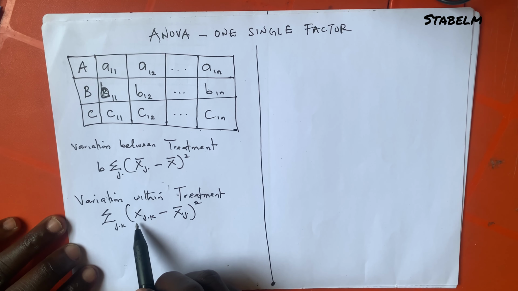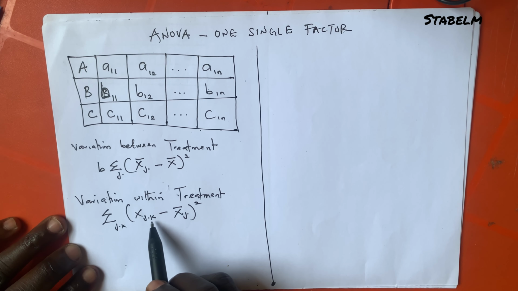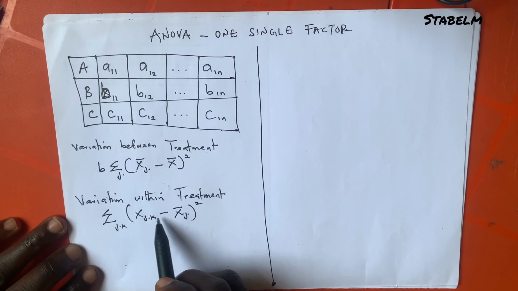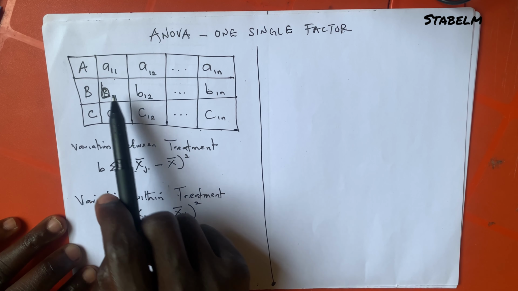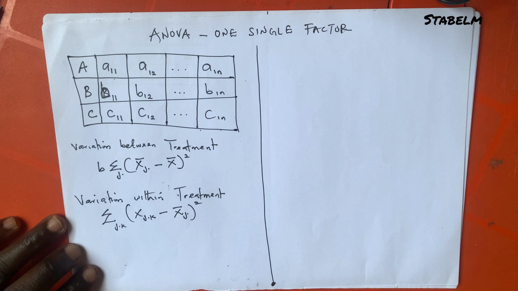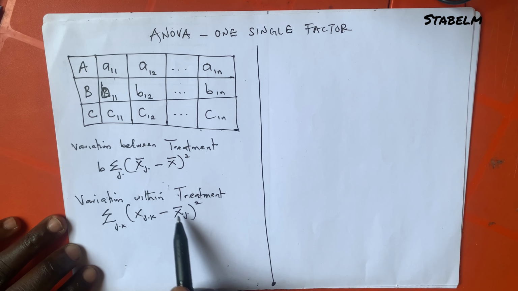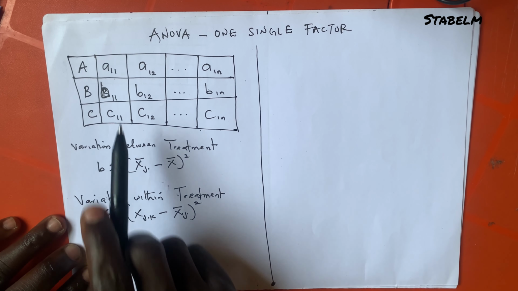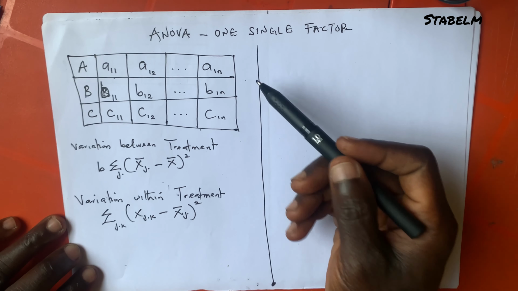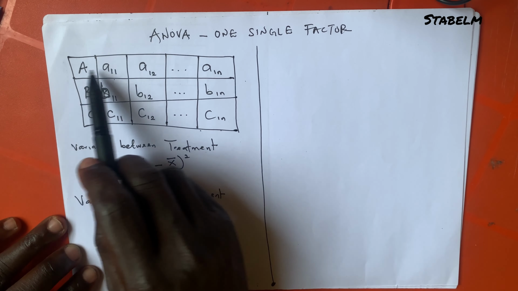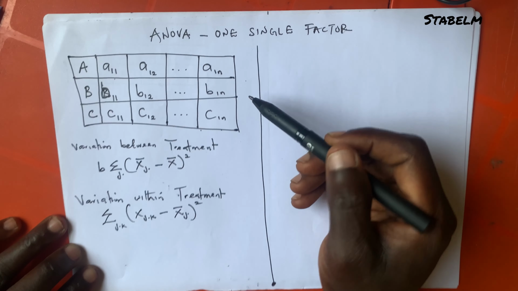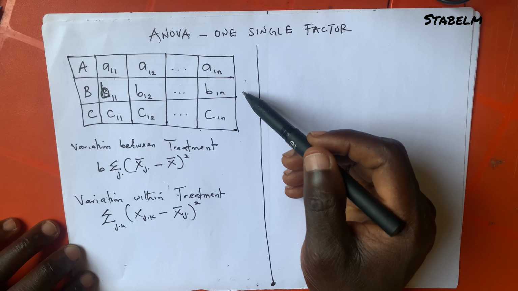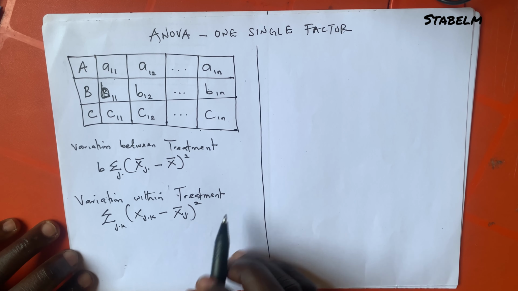We have X j k, and what we mean by X j k is each value in this box, then minus X bar j dot. It means each value here minus the mean of the first treatment, plus each value here minus the mean of the second treatment, and so that's how we have this.